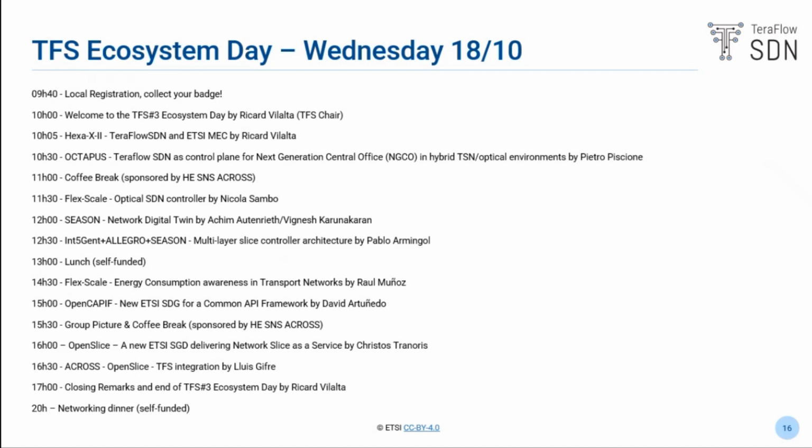We will break for lunch. We will have a FlexScale presentation, and then 2 different presentations which are very nice because they are new software development groups, OpenCapif and OpenSlice. And later on, we will finish with the Across project, which will also use OpenSlice and focus on OpenSlice TFS integration. So we have plenty of food for thought today.